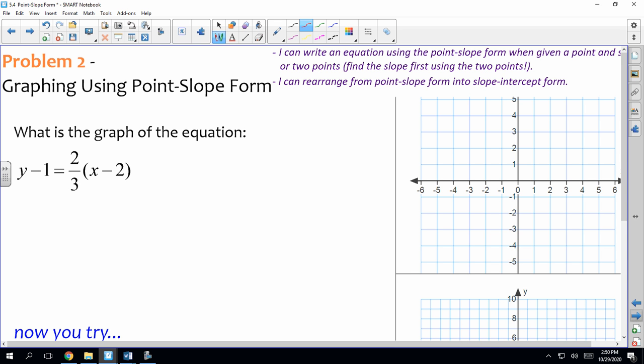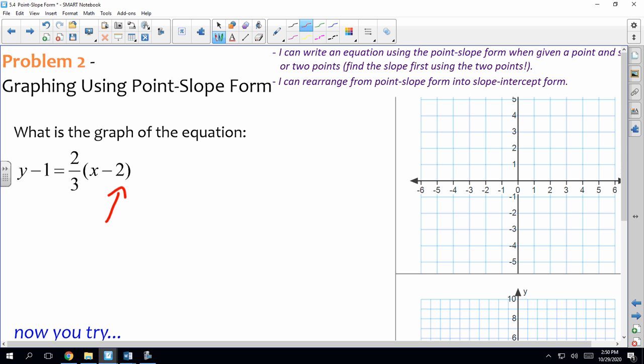Problem 2, it says graphing using point-slope form. So given an equation in point-slope form, we can figure out the graph. Here's how it works. It's kind of similar to what we did with slope-intercept form, but instead of having the y-intercept, we are given a specific point that is on the graph, and it's not necessarily right on the y-axis.